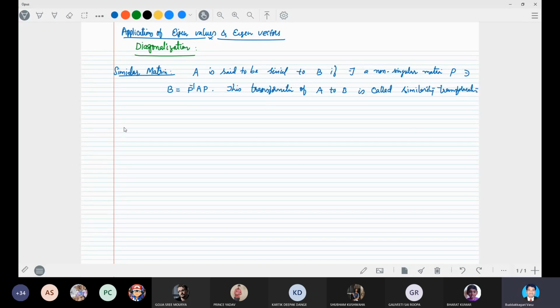Suppose A is a square matrix of order n, and it has n linearly independent eigenvectors.